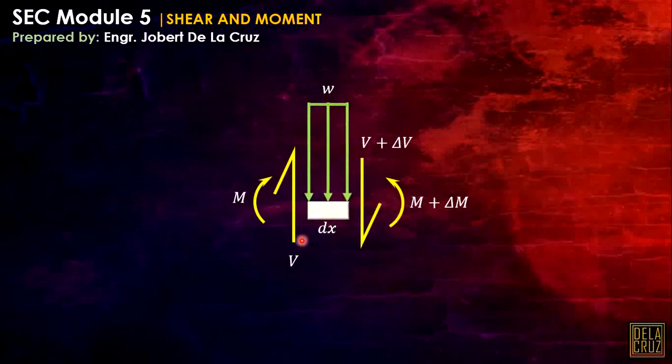Okay, now at these faces we will be exposing the shear and moment. So this is our shear here, this is the moment, and on the other side there is an abrupt change of shear here. So V plus change of shear, same with the moment, because we have a change in distance. Okay, now in this figure we can create a relation.